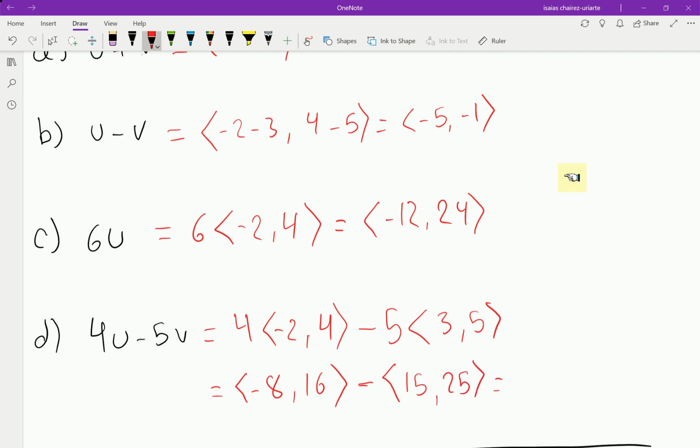So then that's going to become negative 8 minus 15 and 16 minus 25.